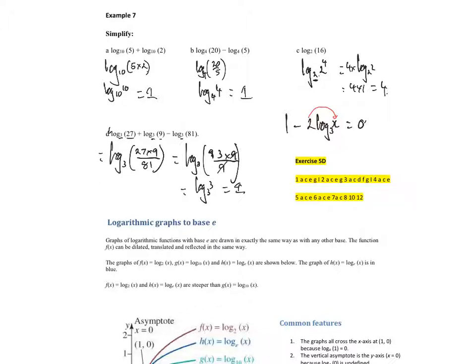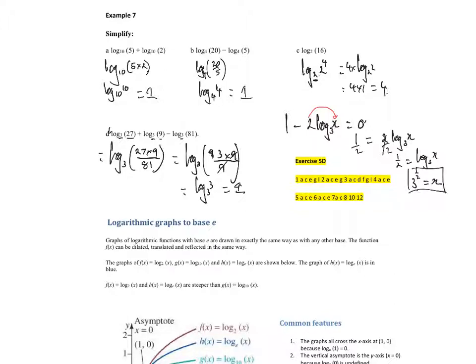Okay, so that means I'm going to end up with, in this case, we'll take the whole expression across, 1 is equal to 2 log base 3 of x. Now I could actually divide by 2 both sides here. That's just as easy. I'll do it in 2 ways. So that means a half is equal to log base 3 of x. So 3 to the power of half is equal to x.